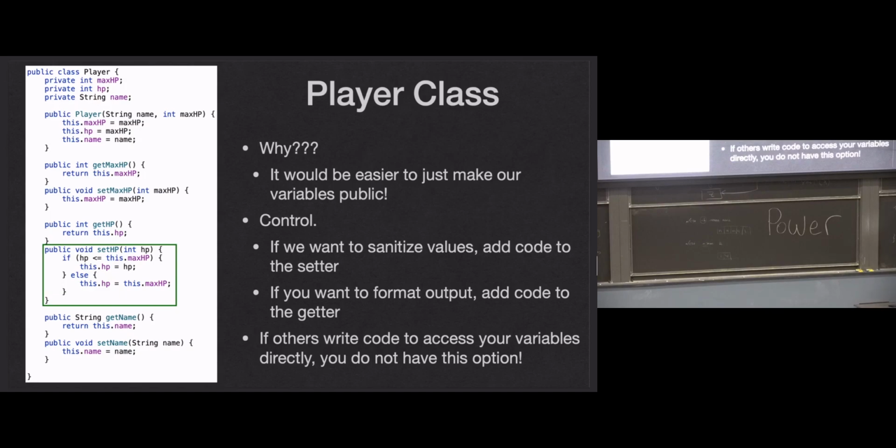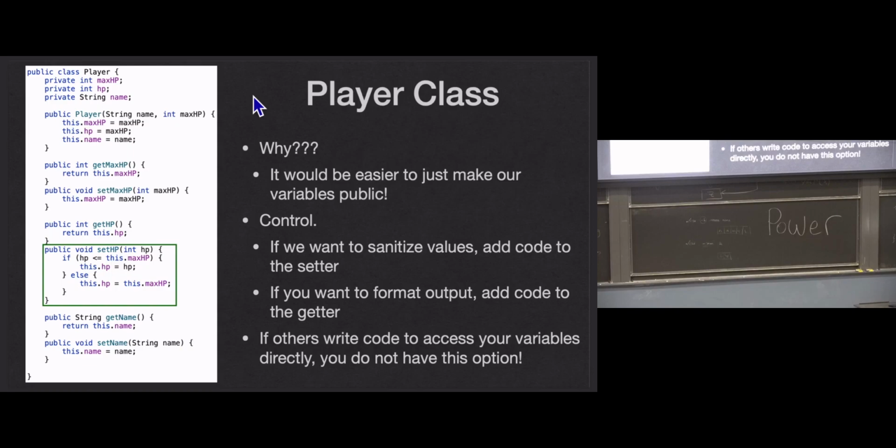Say you have public instance variables, and they write code that says myPlayerObject.hp equals whatever. They're manually setting the values of your instance variables directly. And then later on, you're working on the project, and you realize you have bugs because some people on your team are setting HP to something higher than max HP because they're doing object.hp equals 1,000,000,000.